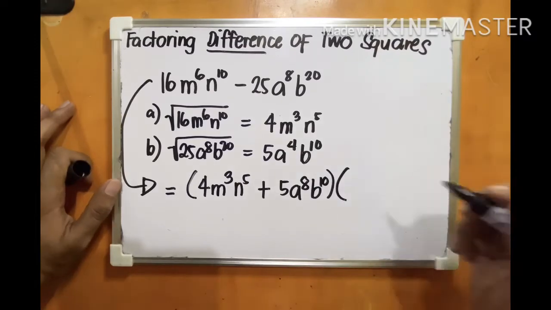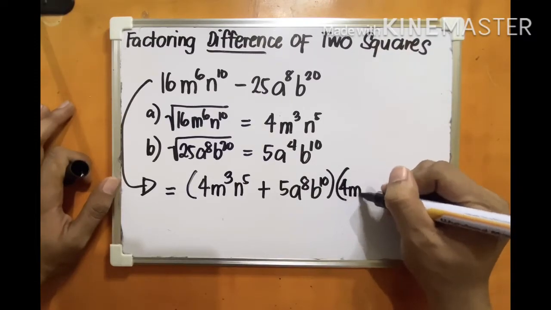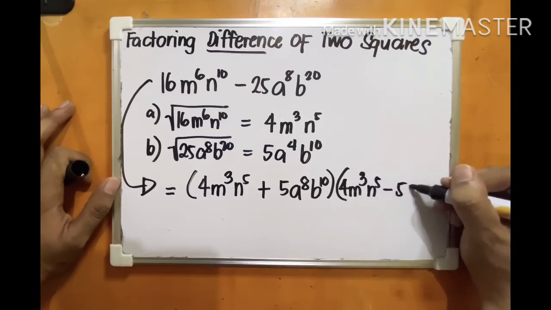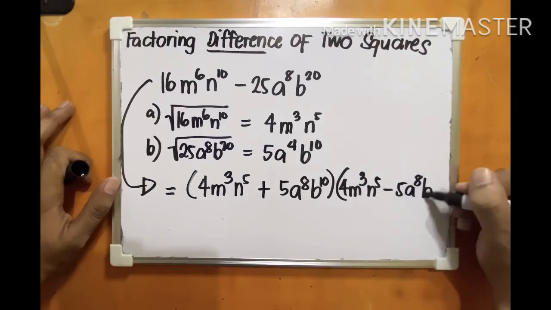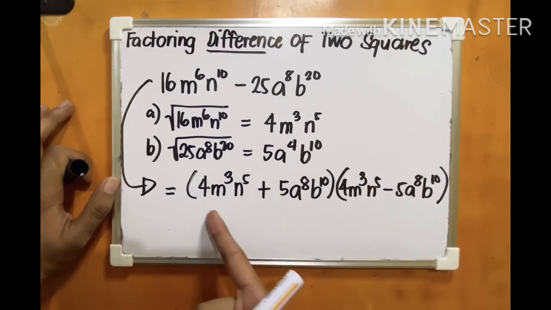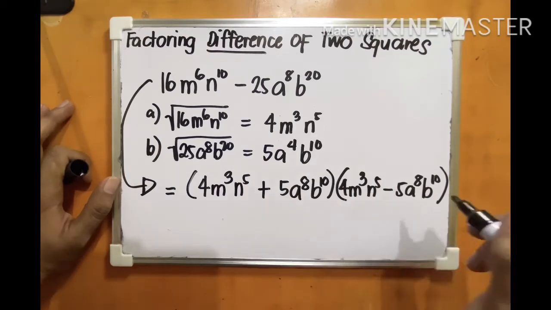Then the next factor is 4m³n⁵ − 5a⁴b¹⁰. So again, the second factor can also be the first factor, so it could be interchanged, right?